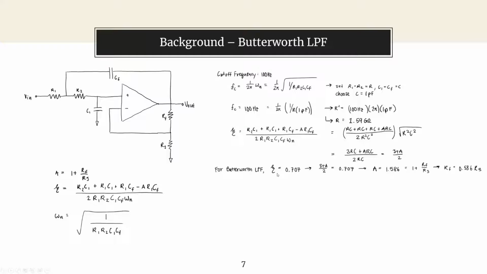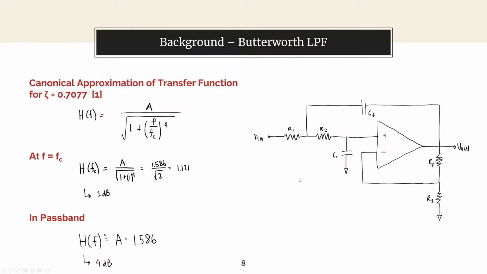Then for the characteristic flat passband of a Butterworth filter, the damping ratio must be set to 0.707 or 1 over rad2. And this gives the ratio of the feedback and R3 resistors. Again, setting the damping ratio to 1 over rad2 yields the canonical approximate transfer function of the Butterworth filter.